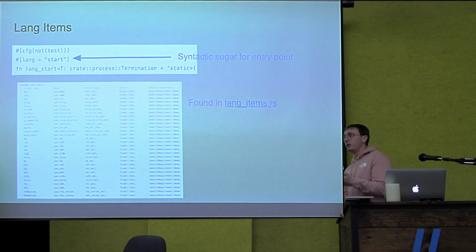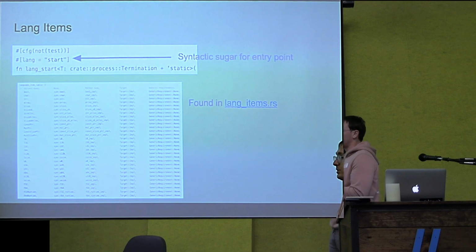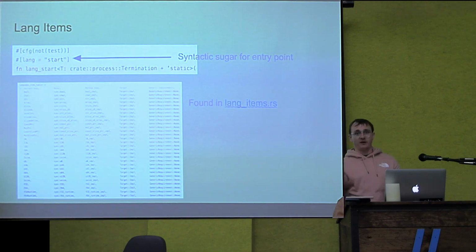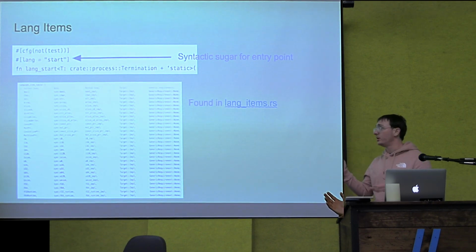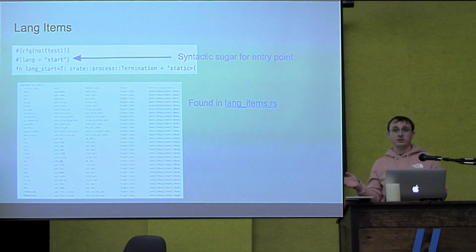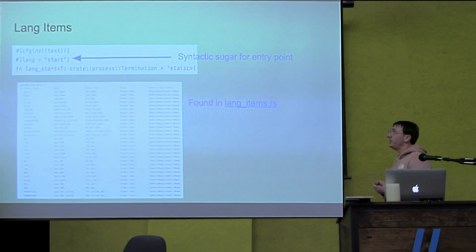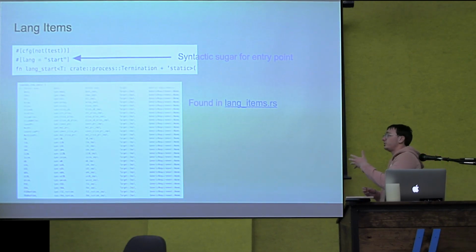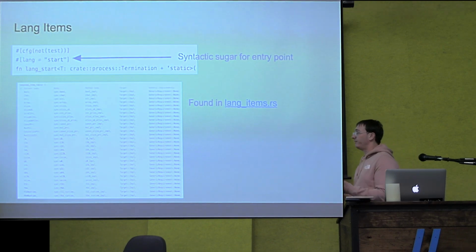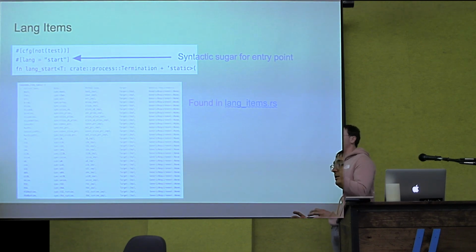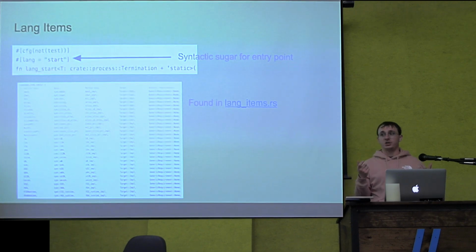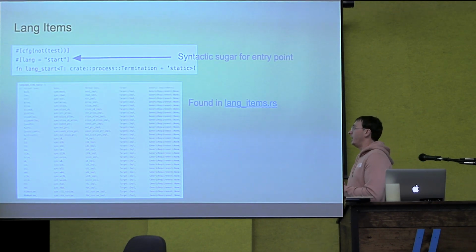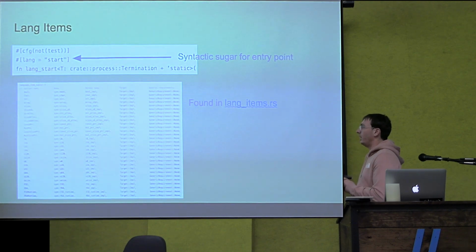Specifically, if you attempt compiling a Rust program without its standard lib and without its core, you can define your own entry points using this without ever having to write a main, right? The one requirement is that for these lang items to be correctly applied to a specific function, these functions have to satisfy the function signature defined within this lang item table.